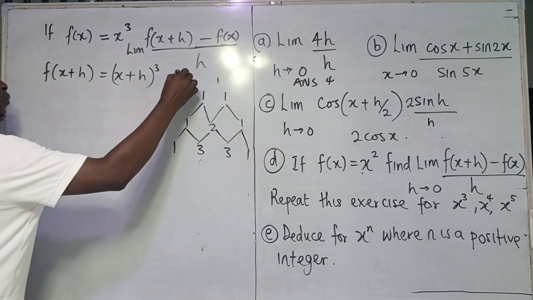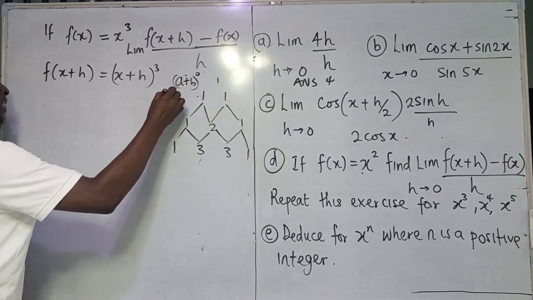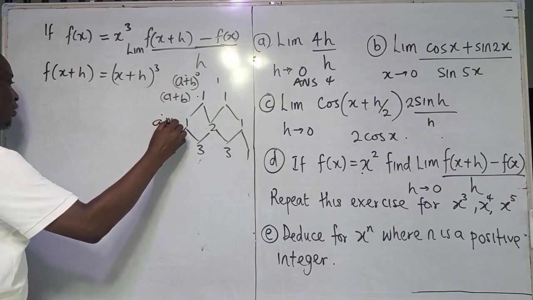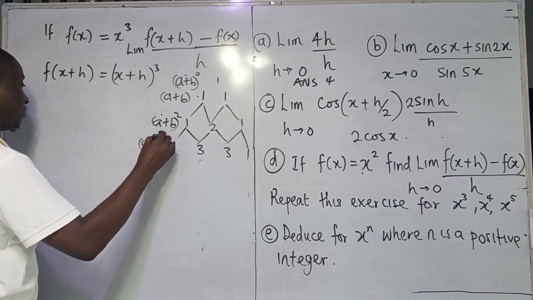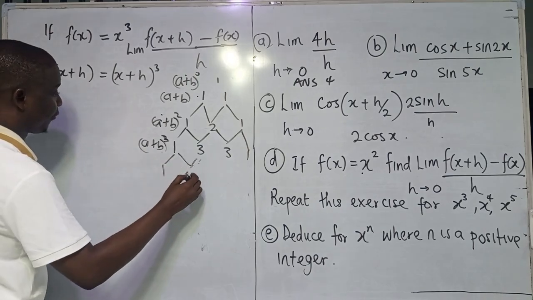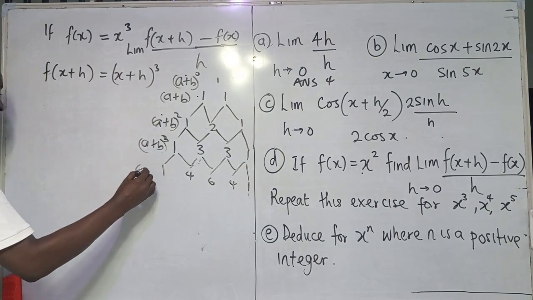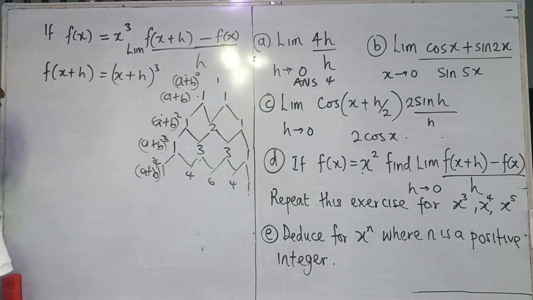This is when a plus b is raised to power 0, this a plus b, this a plus b all squared, this a plus b all cubed. We have 1 4 6 4 1, when a plus b is raised to power 4, and so forth and so on.